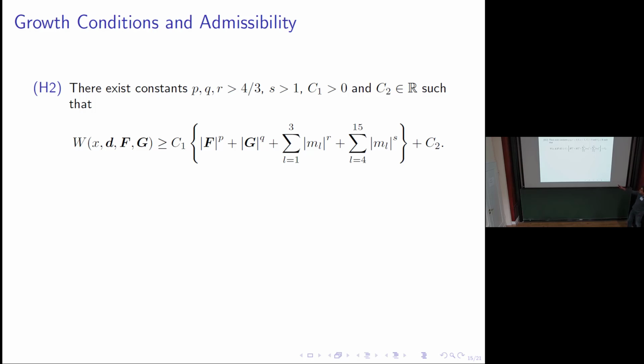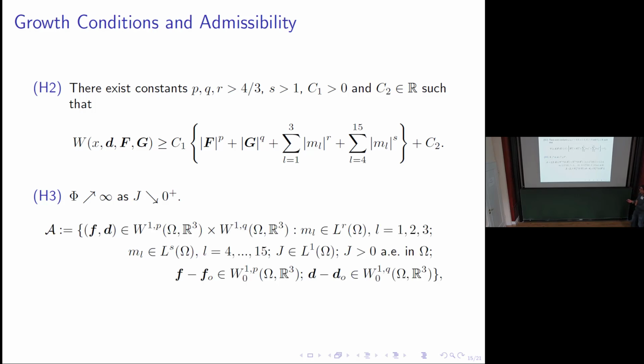And for generality, the growth condition in 1, 2, 3 has a different exponent from the 4 to 15. Now, of course, we also want this function to blow up to infinity as J approaches 0.